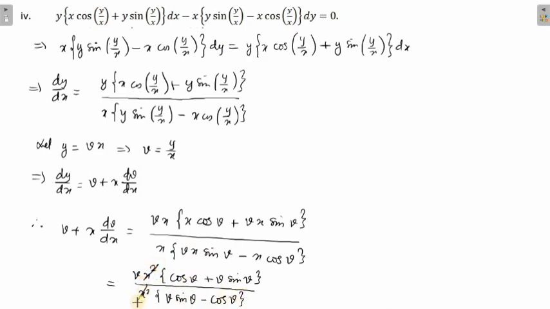x square can be cancelled. Now bring this v out here. So you get x dv by dx will be equal to, see here carefully, let's open the bracket at the same time.